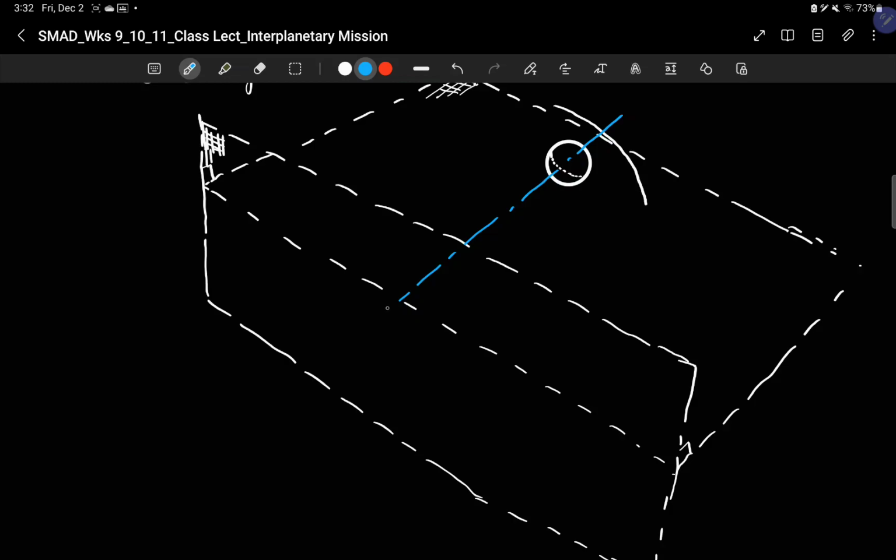We pass it because we have to create a hyperbolic trajectory. For that, the V infinity has to pass through the center of the central body. This is the basic construct of a hyperbolic trajectory.